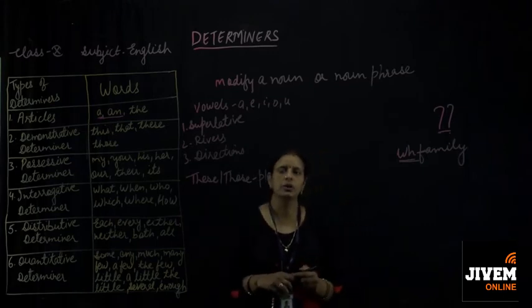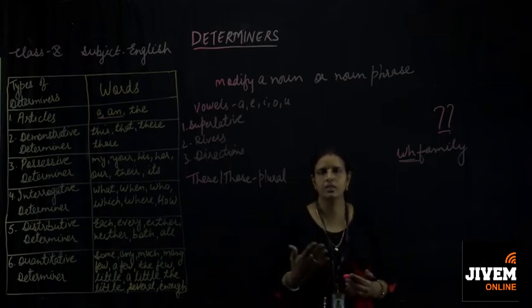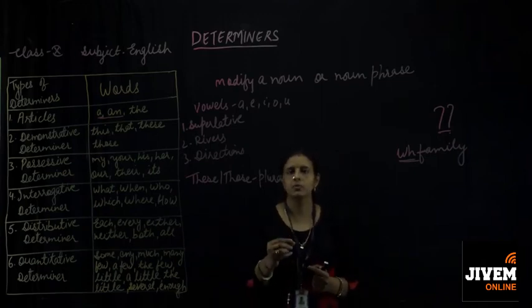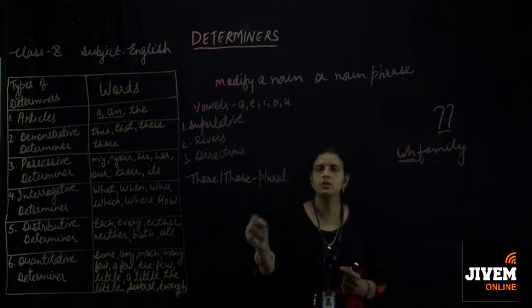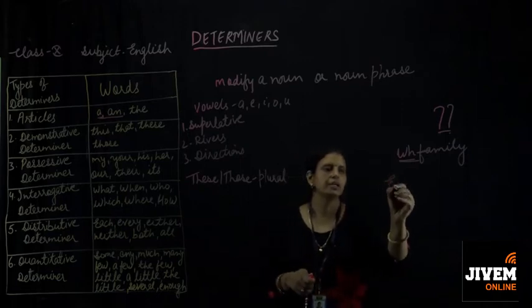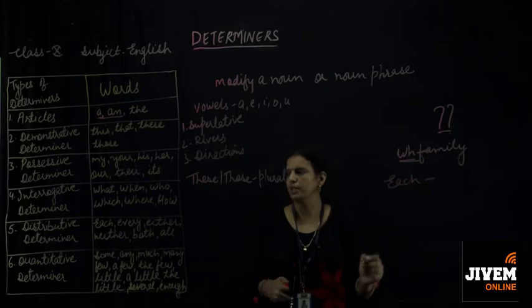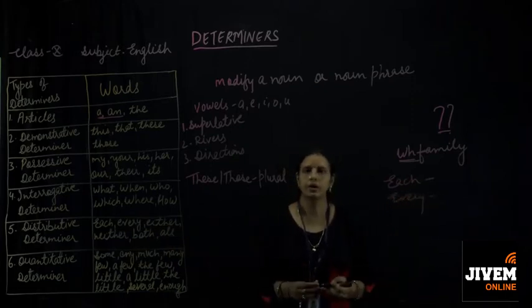Suppose we know that total students are 30 in my class. Okay, and today is my birthday, so I have distributed the toffees to each student of my class. Means the number is definite. Each is used in the definite number, and every is used when the number is not definite.